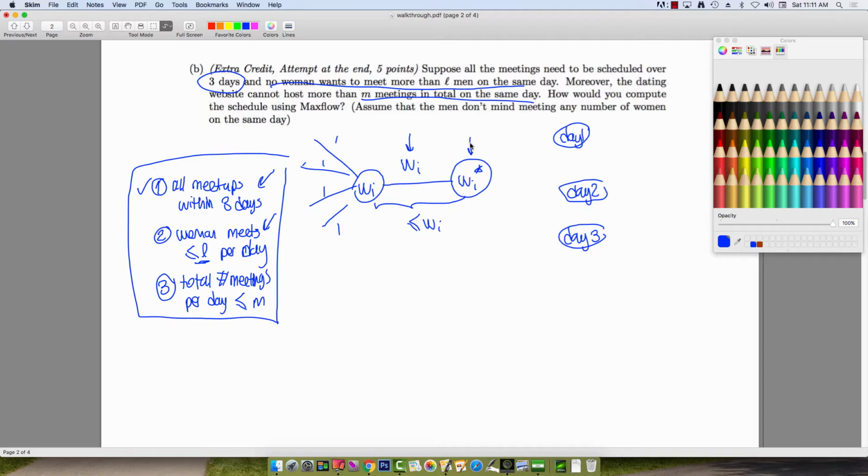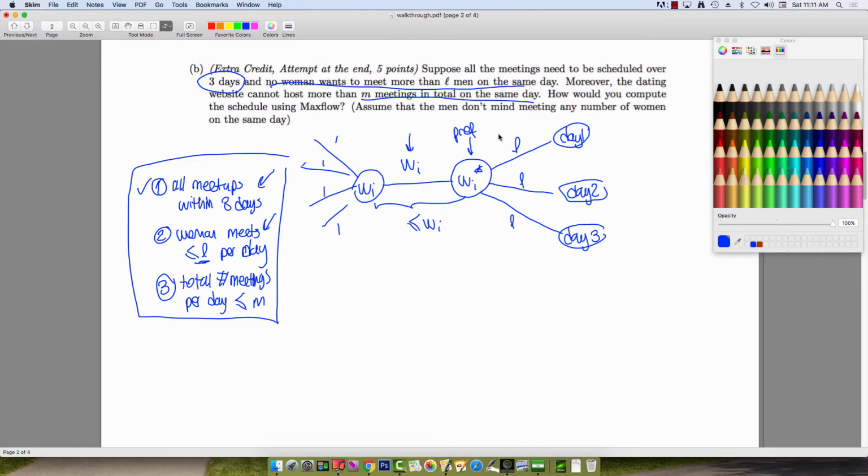So this node basically contains all the meetup information. So if I have an edge of 1 to day 1, that means that there's 1 meeting on day 1, and then if I had 10 here, that means there's 10 meetings on day 2, and then the same thing for L. So our constraint is that this has to be at most L, so we're going to give L edge weights between the preferences node, let's call this preferences, to each of the days.